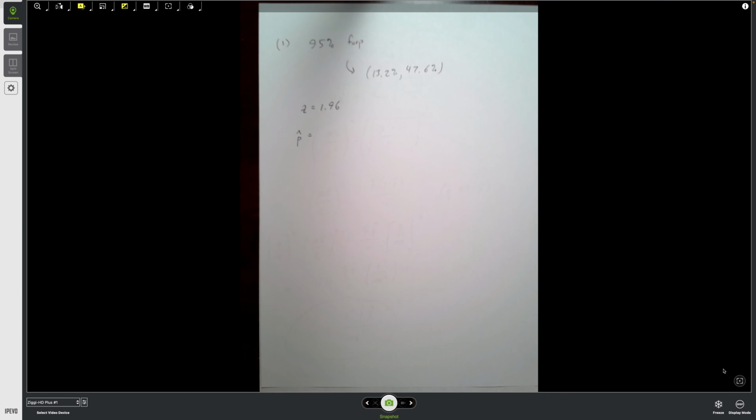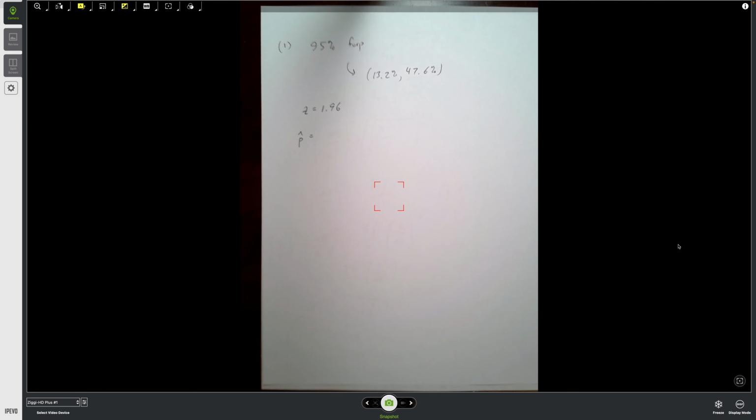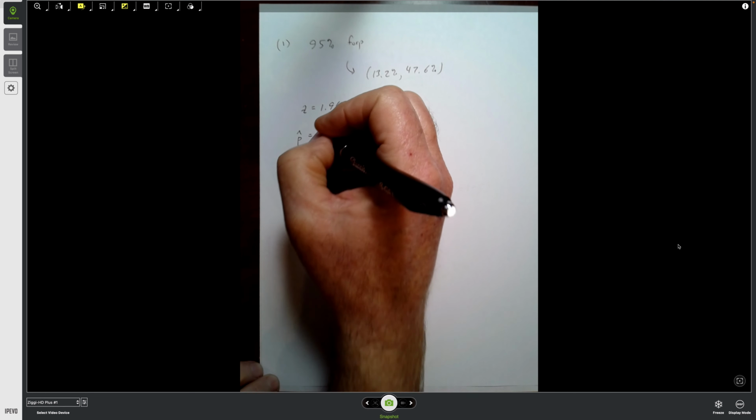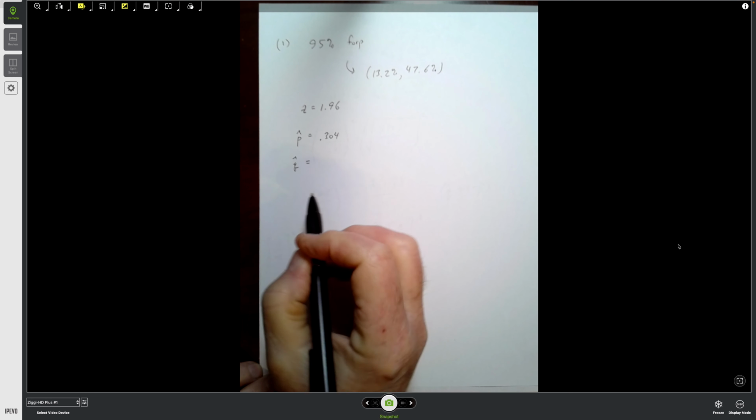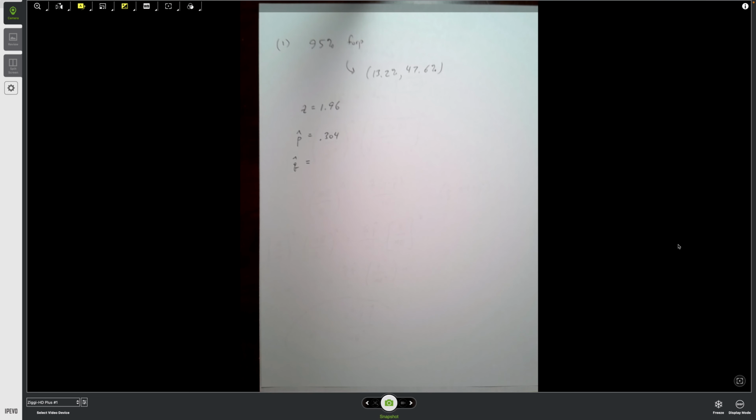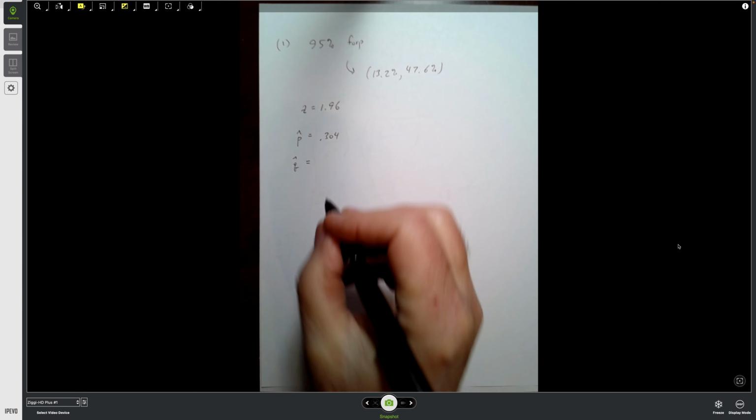I can do that by just averaging those two values. The value smack dab in the center will be 0.304, 30.4%. So I know my q hat is 1 minus that.